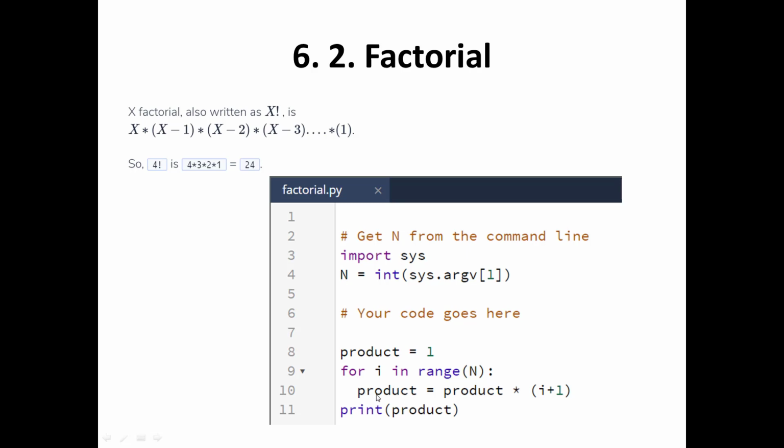So we're going to use a helper, this helper product here. Product is going to equal product times i plus 1. And then we're going to print product. So let's take a closer look at this code.